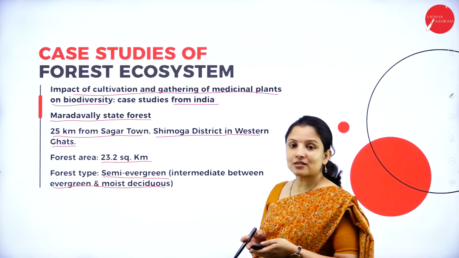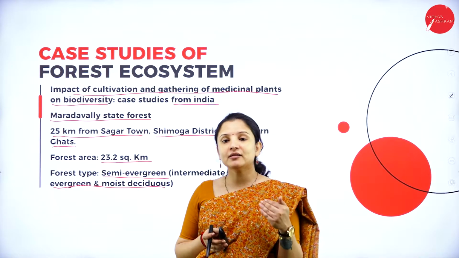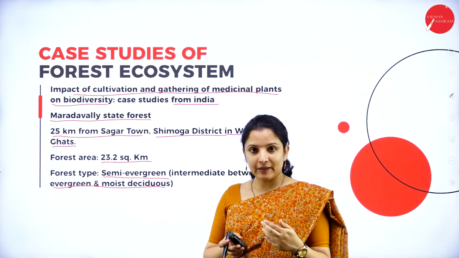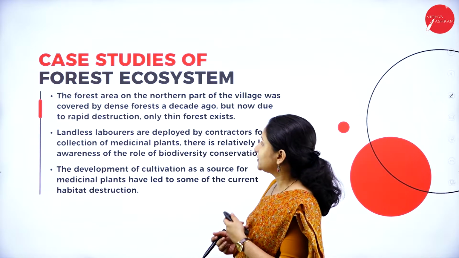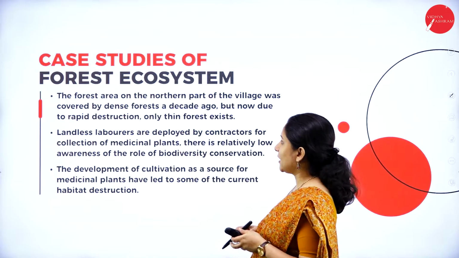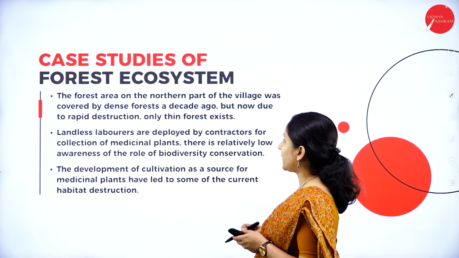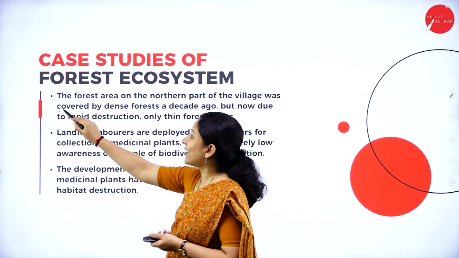So they conducted a study on this particular forest wherein they wanted to know the decline in the population of medicinal plants. So what they did was, this particular forest area on the northern part of the village was usually covered by dense forest about 10 years ago.